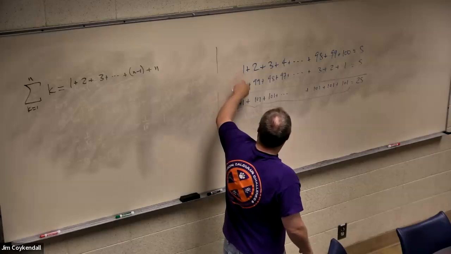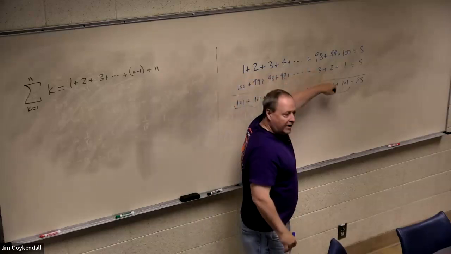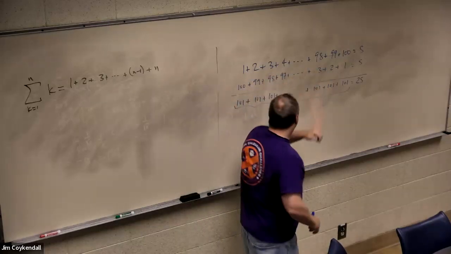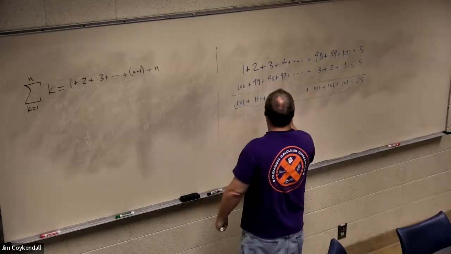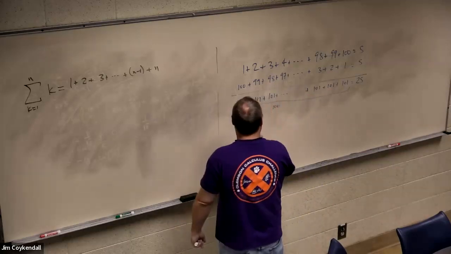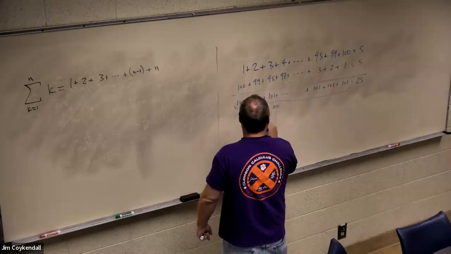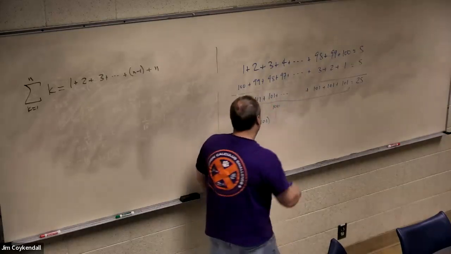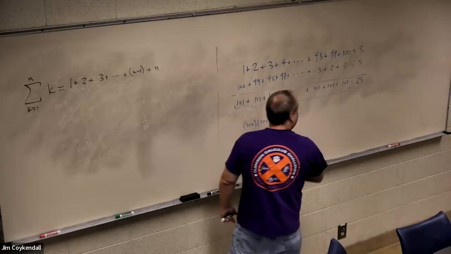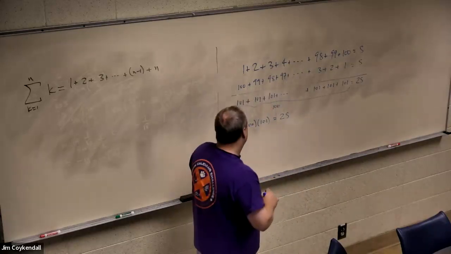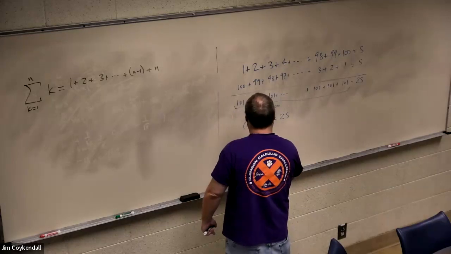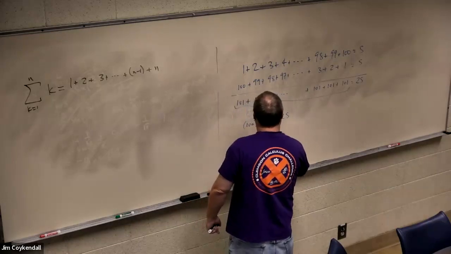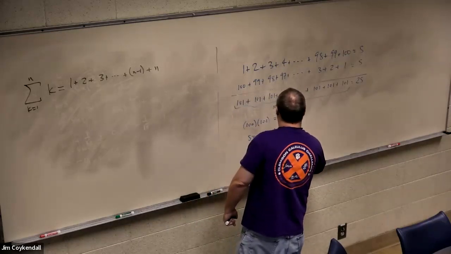There should be one for every number, so there should be 100. So 100 times 101, which is pretty easy to figure out, should be twice his answer. So S is 50 times 101, 5,050.